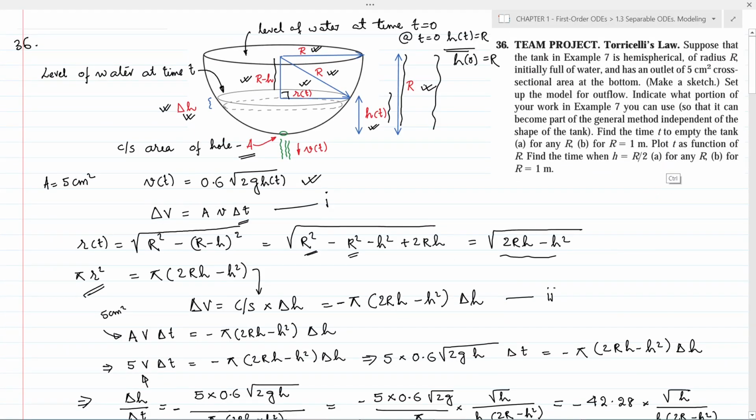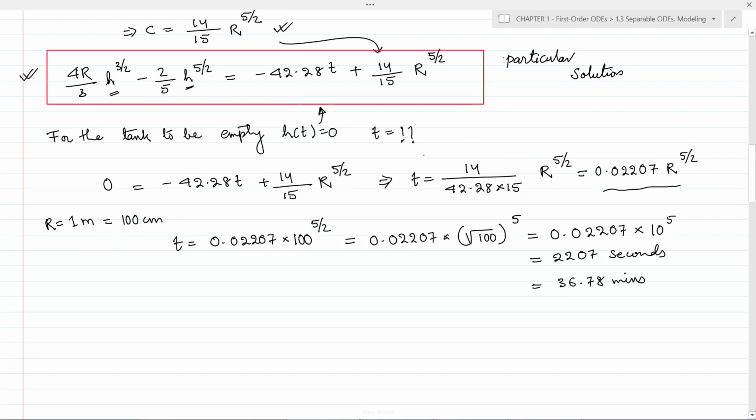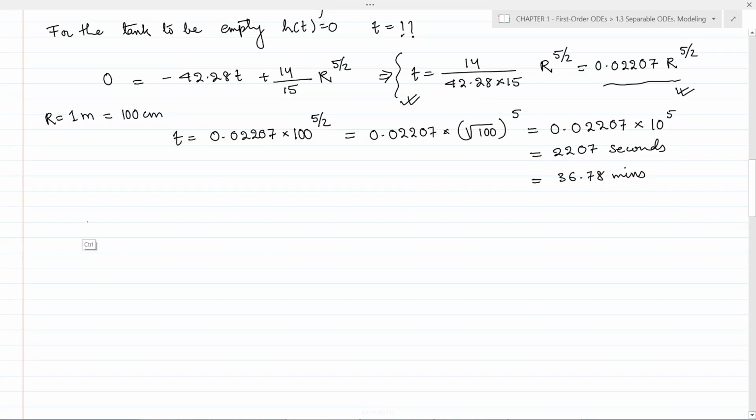Now the question is asking to plot t as a function of r. Here t is the time taken to empty the tank. Now we have this equation which gives the time taken to empty the tank for a tank of any radius r, and this equation we can use to plot the graph.